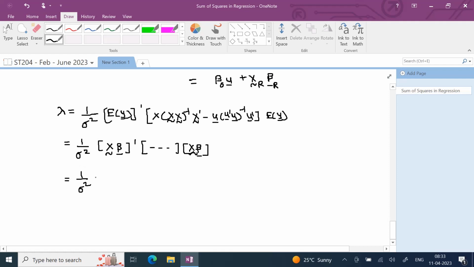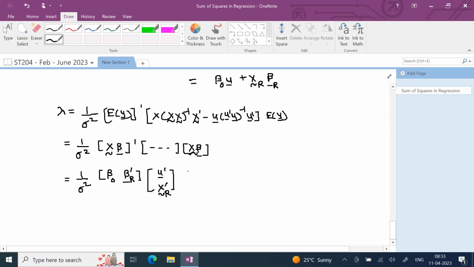So 1 by sigma square. X beta whole prime actually becomes beta prime into X prime. Let me write beta prime. Beta prime will be beta naught, because it's a scalar, and then beta r vector prime. Then I have X matrix with prime, so that will become U prime and X r prime.